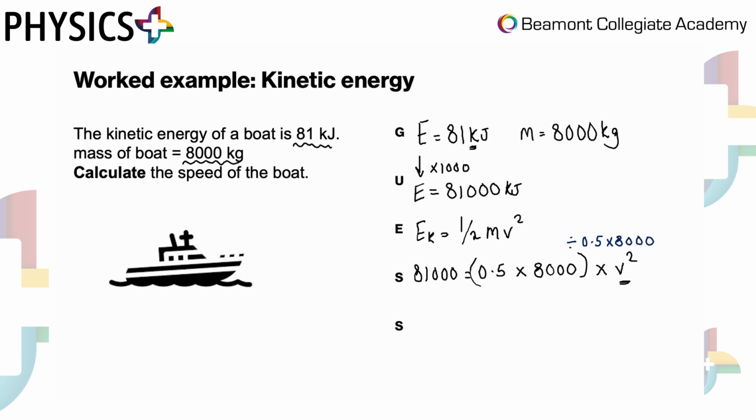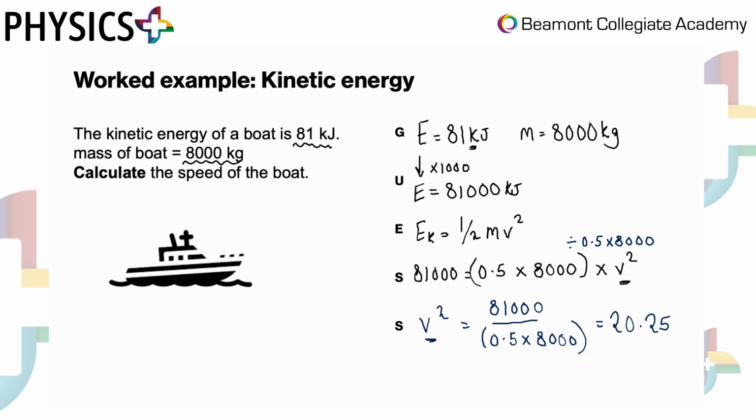So it's going to be that V squared is equal to 81,000 divided by bracket 0.5 times 8,000. This equals 20.25.